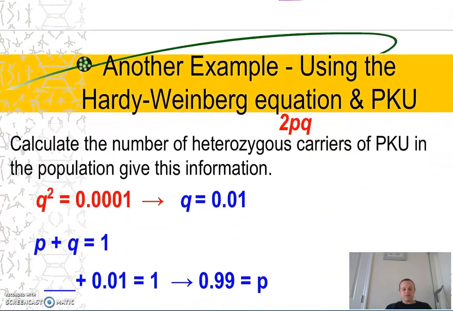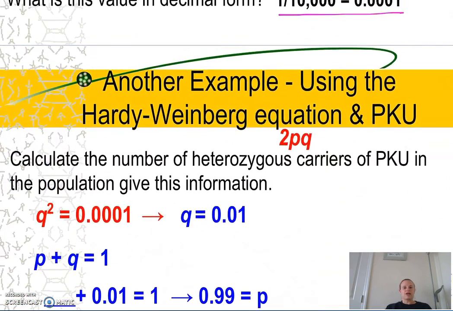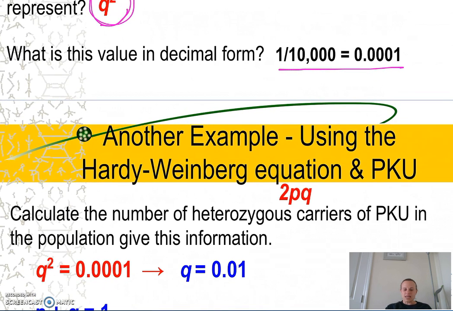Now let's say the question further goes on to ask to calculate the number of heterozygous carriers. We know that heterozygous carriers in the context of Hardy-Weinberg is equal to 2pq. Well, I already know q squared. From q squared, I can calculate q, which is 0.01. Now, once I'm given q, I can then figure out p. How do I do that?